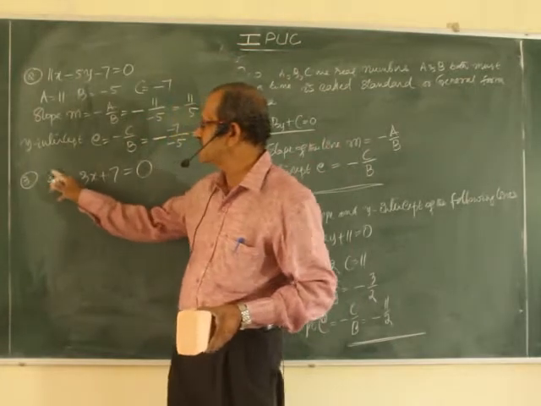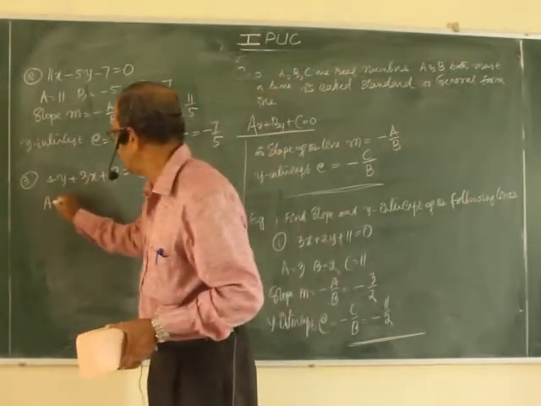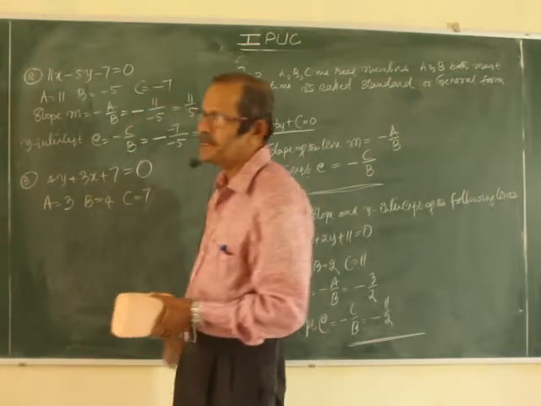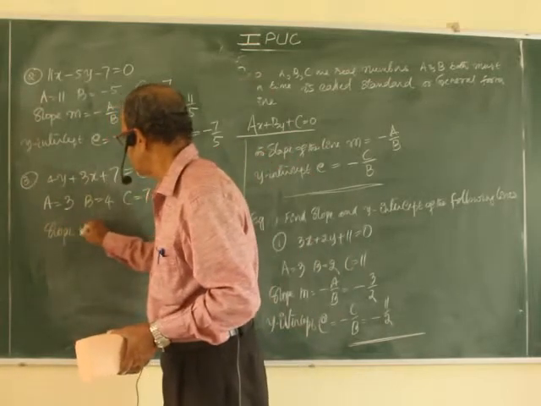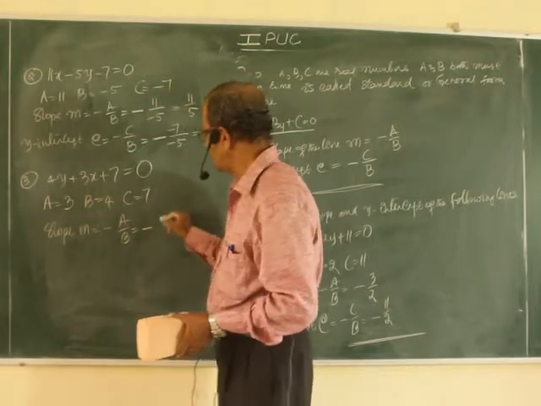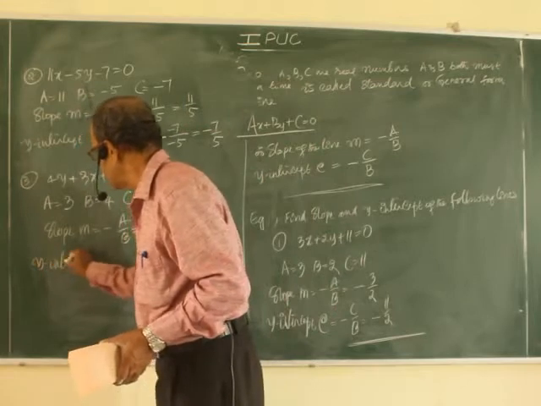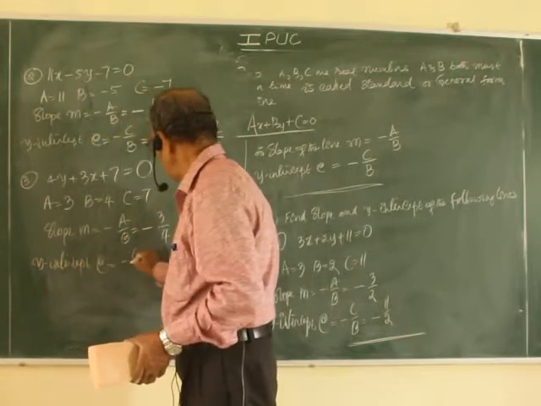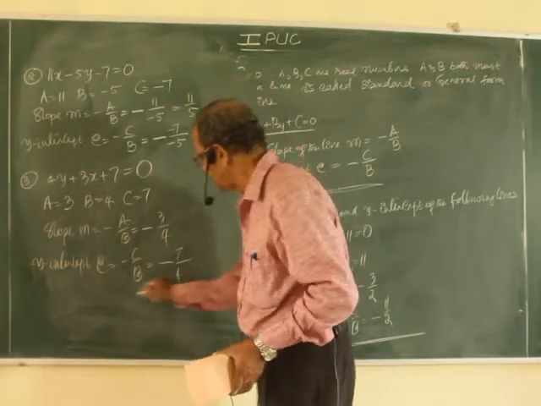Immediately your thinking is this will be the value of A. No. A is here. So A is 3, B is 4, C is 7. Yes? Slope m equal to minus a by b, minus 3 by 4. Y-intercept c equal to minus C by B, minus 7 by 4.